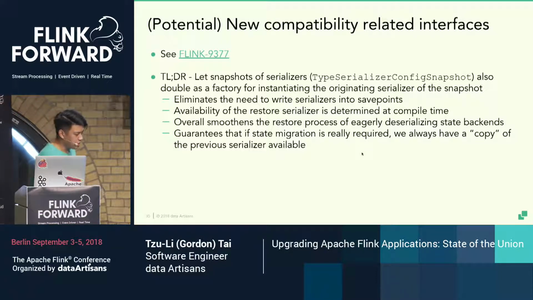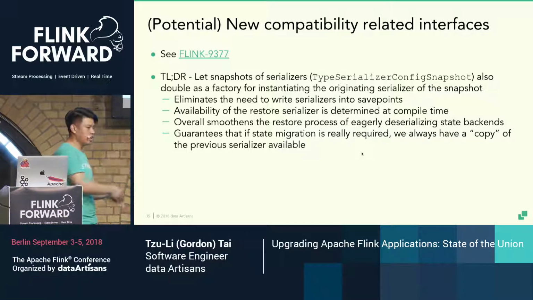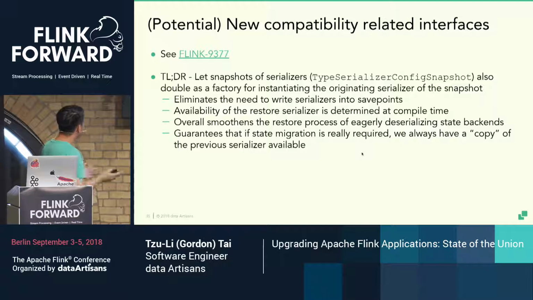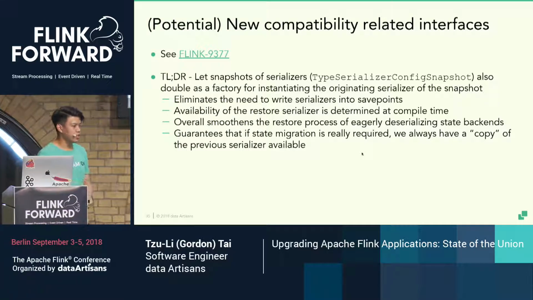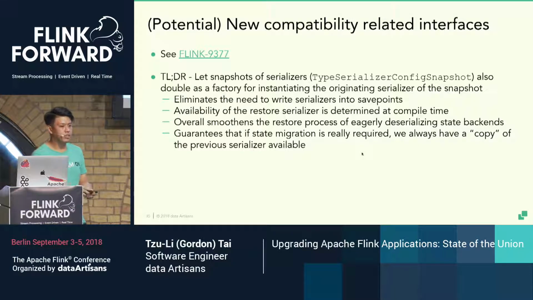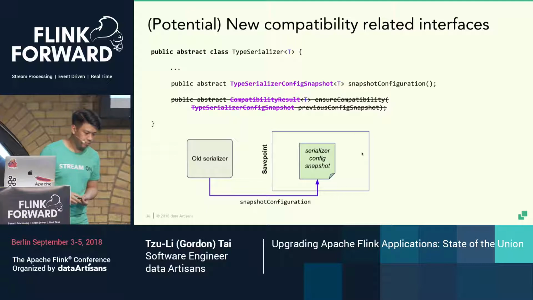This basically just means you would no longer bump into a class not found exception because you changed your serializer and dropped your old serializer class, which sometimes you just have no idea why it happened. So this should solve quite a few problems, and overall just smoothens the whole restore process for, let's say, heap-based backends, because you don't need to rely on serialization to get that serializer.